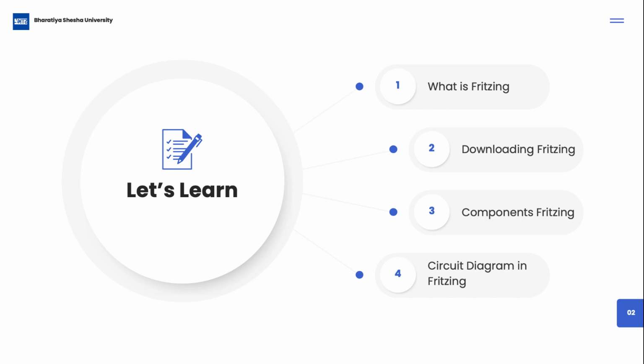So, what is Fritzing? Fritzing is a software that allows you to work around with various components in a software development environment. It allows you to design a board, test your board, and create boards in a software environment.